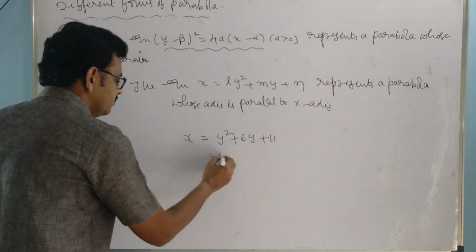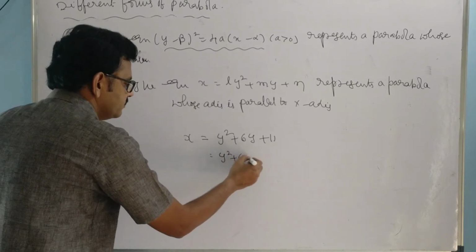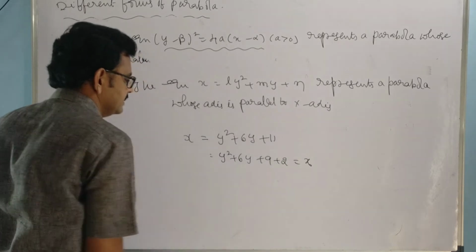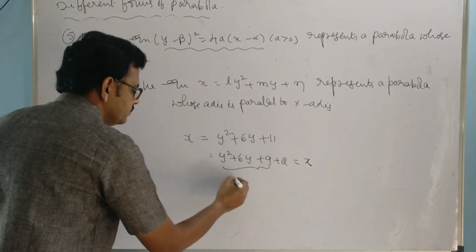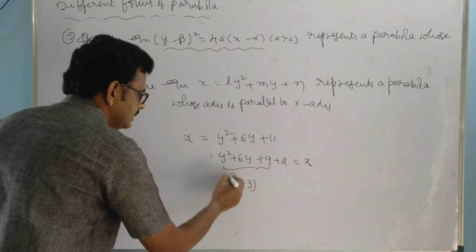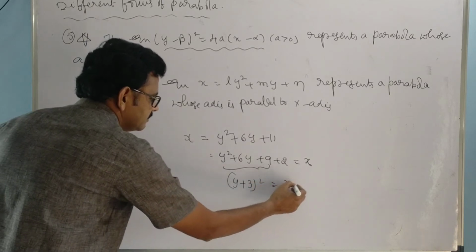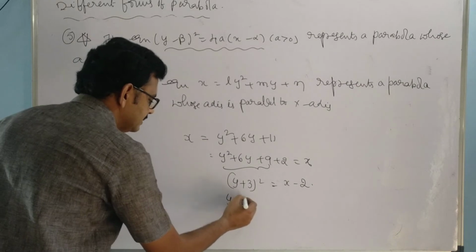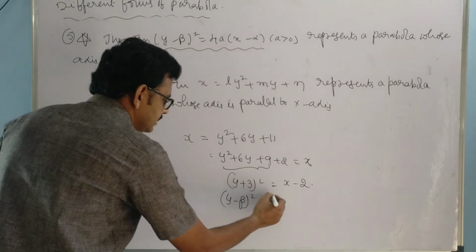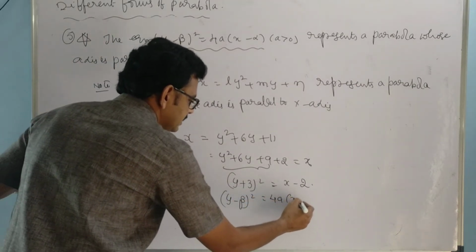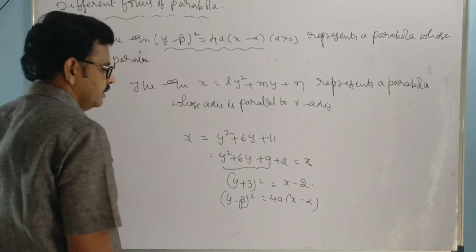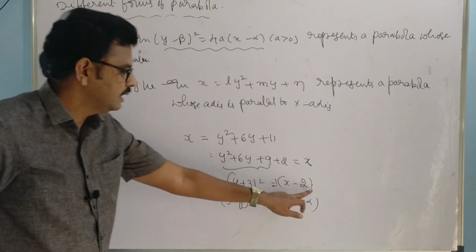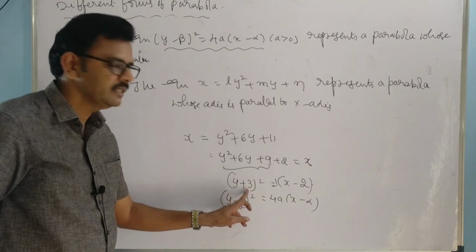We write y square plus 6y plus 9 plus 2 is equal to x. So this is y plus 3 whole square is equal to x minus 2. Now this is of the form y minus beta whole square is equal to 4a into x minus alpha. So this is x minus alpha. What is alpha, beta? Alpha is 2, beta is minus 3.